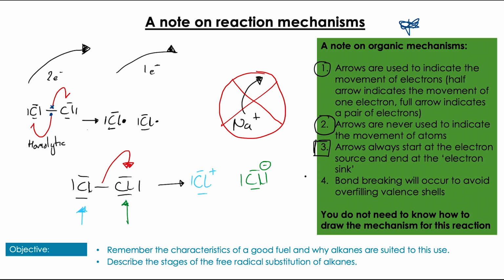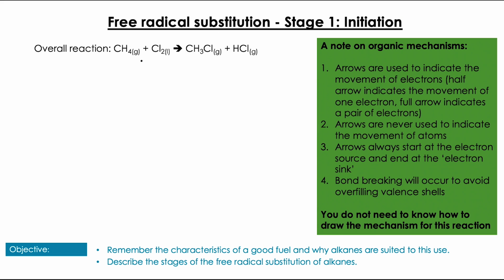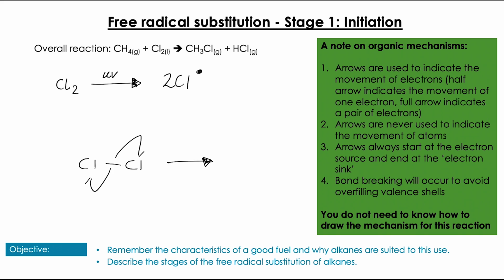So let's turn our attention to the 3 stages of a free radical substitution reaction then. So we said the first stage was initiation. So I've got the overall reaction here. However, that is not going to be a good description of each individual stage. The first stage, we said we need a halogen and we need some UV light, which is going to produce 2 chlorine radicals by the mechanism we've already described of the homolytic break of the Cl-Cl bond.